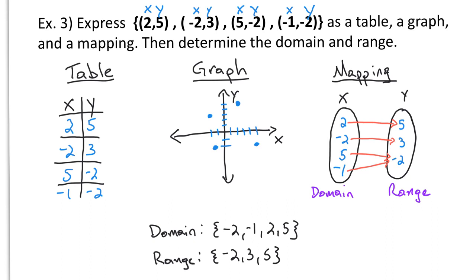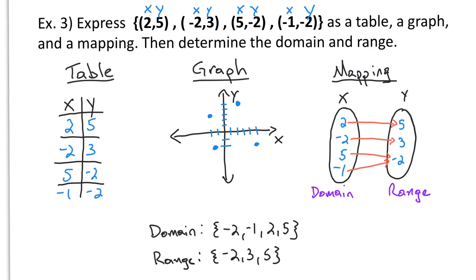And now you guys see the list of domain and range on the bottom of the screen. So we have the domain and the range. Now, very important that you guys understand how we set up the list. Notice that I'm using brackets here for the domain and the range, and that's what we use. We use brackets, not parentheses. And when you guys write down the numbers inside of the brackets, we do it from lowest to greatest, or from least to greatest.